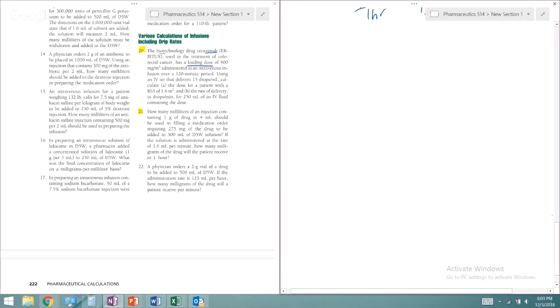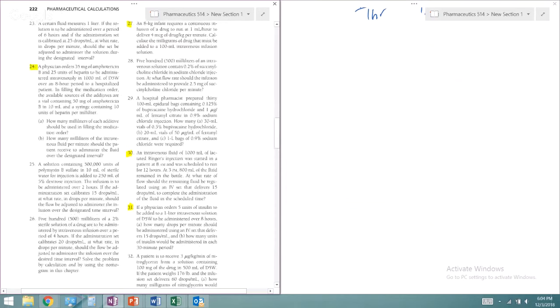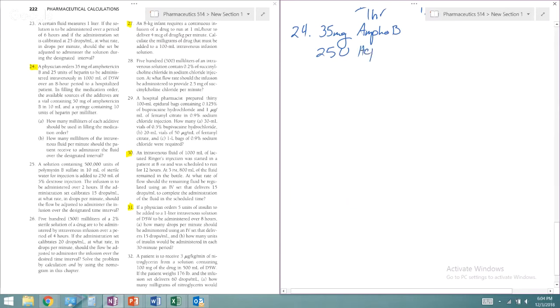All right, so that was question 21. All right, 24. All right, a physician orders 35 milligrams of amphotericin B, which is, I believe, another antibiotic. And then 25 units of heparin.